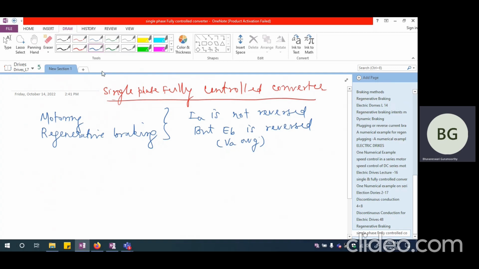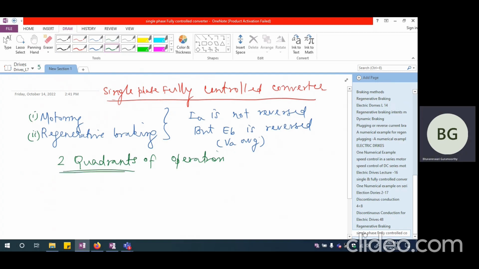That is the reason why we say that the fully controlled converter can give us two quadrants of operation. So this is a two quadrant converter. It will be able to provide me with motoring as well as regenerative braking. That's why we call it a two quadrant converter.